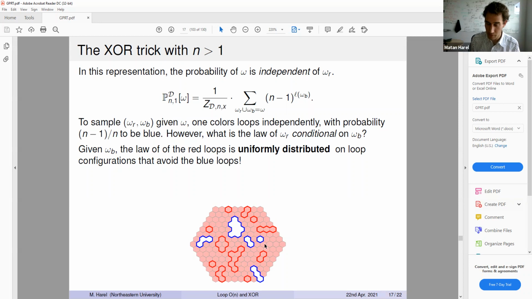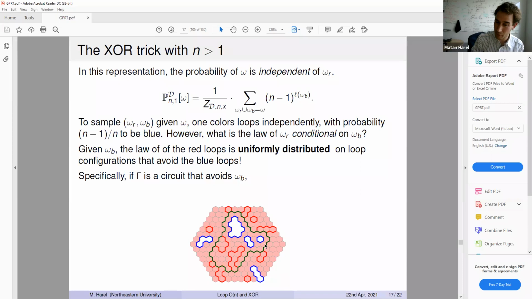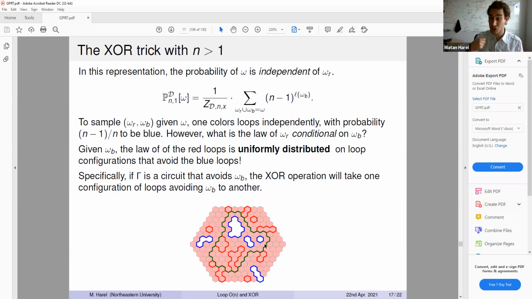Who cares? Well, I care very deeply, because uniformly distributed configurations are the things I know how to use for the XOR trick. If I can find a green loop gamma which avoids my blue loops, then XOR with this green loop is an involution on the set of all possible red configurations. And if I pick that green loop to be large, I can find large loops.